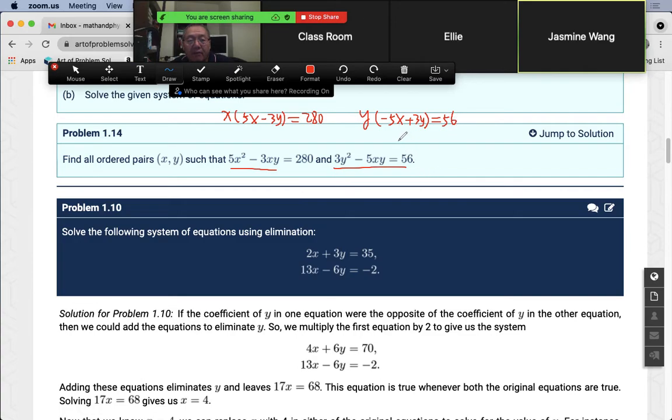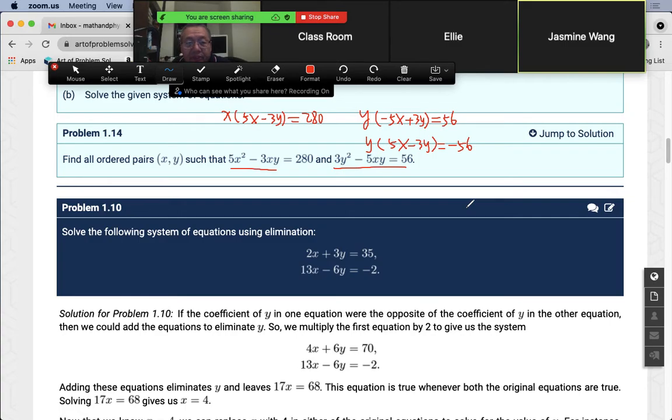So then we can multiply both sides by negative 1. So we can change this one to y times parentheses 5x minus 3y equals negative 56, right? We can get this.